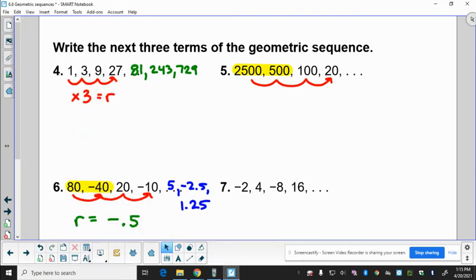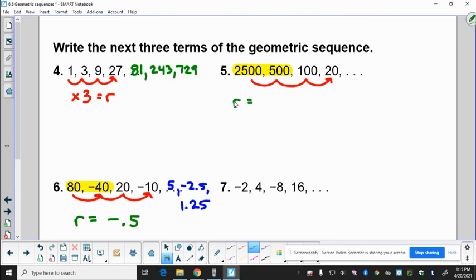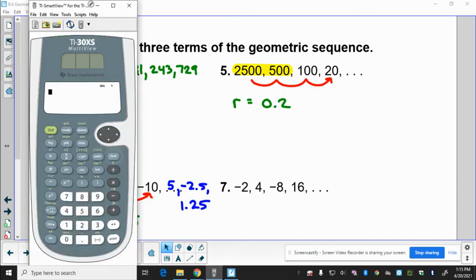Okay, so let's see here. I'm going to take 500 and divide it by 2,500. And I'm getting 0.2. So what I think is that my common ratio is multiplying by 0.2. That should work.